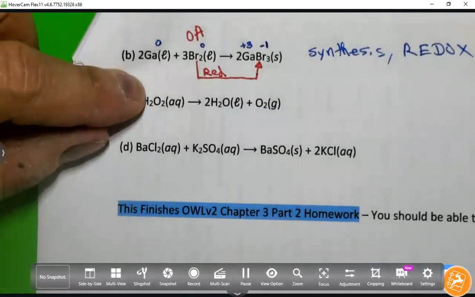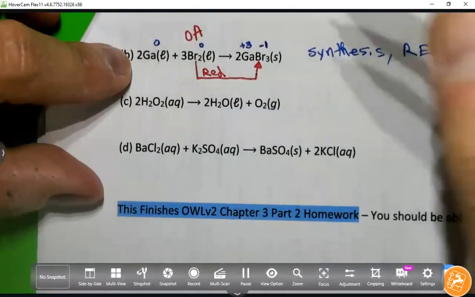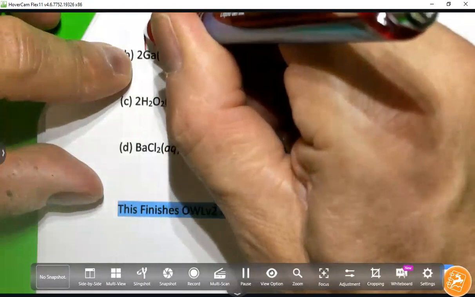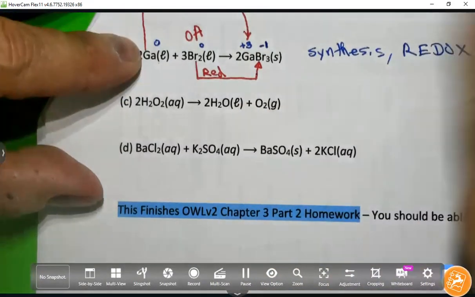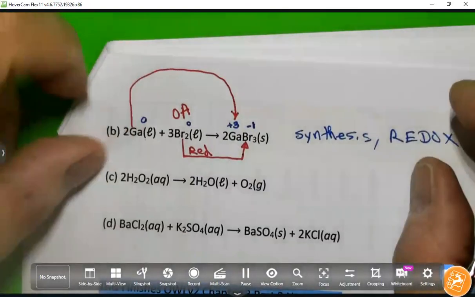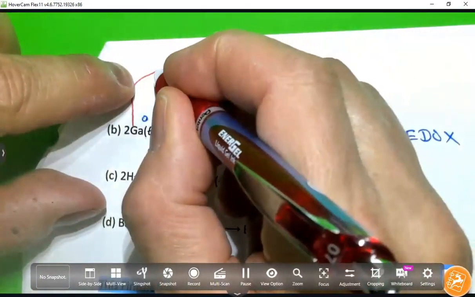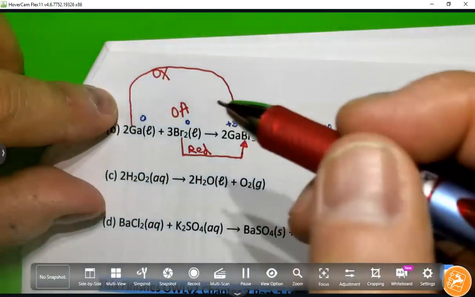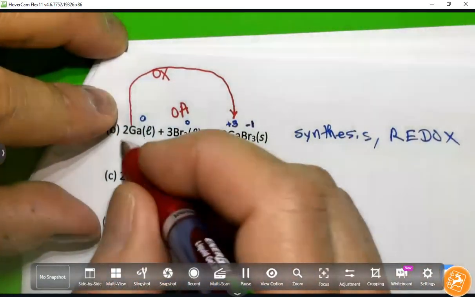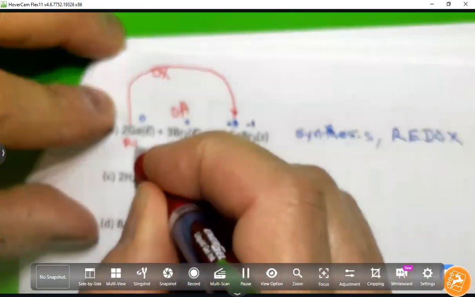Whatever is undergoing reduction is the oxidizing agent. And then, of course, this is oxidation, right? This for sure is oxidation. And if that's undergoing oxidation, this makes this the reducing agent.